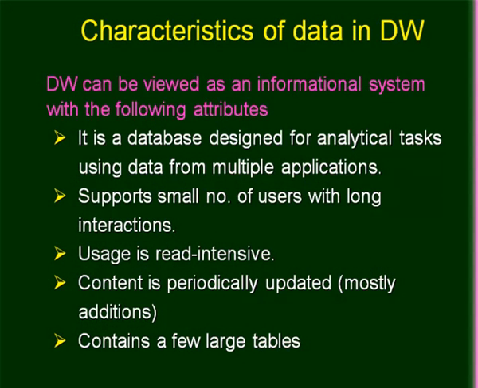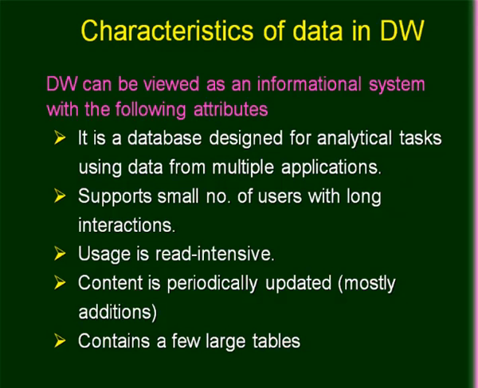Characteristics of data. What are the characteristics of data in a data warehouse? A data warehouse is a database designed for analytical tasks using data from multiple applications. It supports a small number of users with long interactions. A database supports several users but with less interaction, whereas data warehouse data supports a small number of users with long interactions.